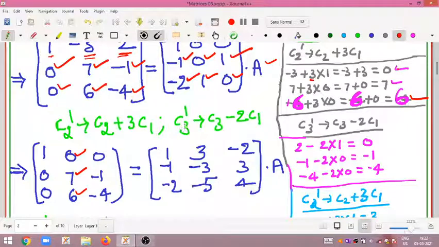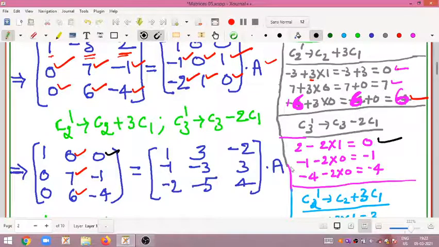Again, the third column operation. See here, C3 dash implies C3 minus 2C1. C3 element is what? See here, 2 is there. 2 minus 2 into C1 element is 1, so 2 minus 2 is 0. A 0 I kept here.